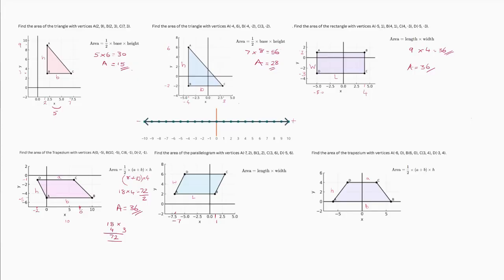So -7 to 1 is going to be 1, 2, 3, 4, 8. And our width is, that's easy enough, 2 to 6, which is 4. So 8 times 4 equals 32. So our area equals 32.